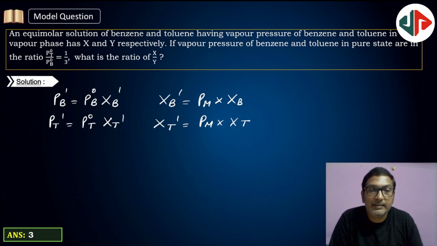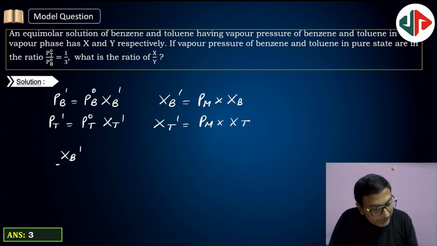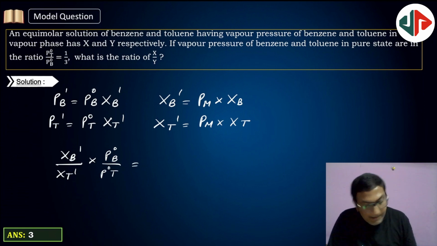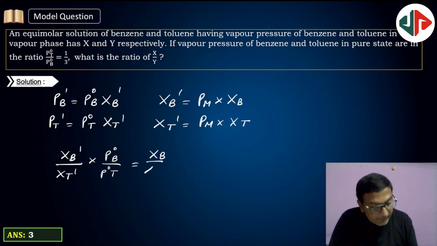So mole fractions X and Y. Next XB dash by XT dash equal to P naught B by P naught T into XB by XT.